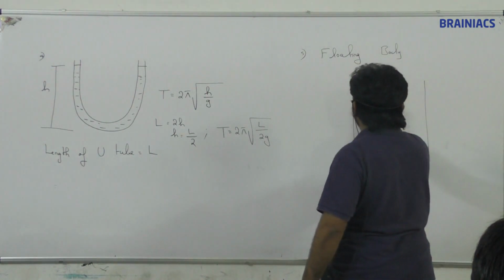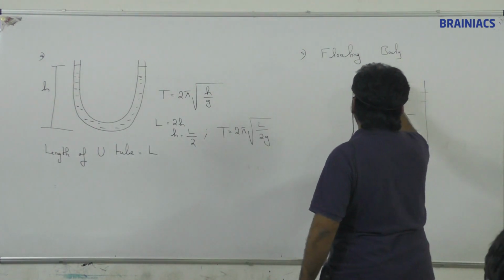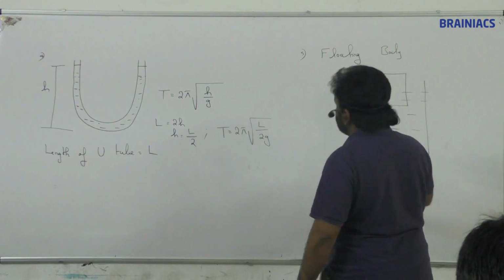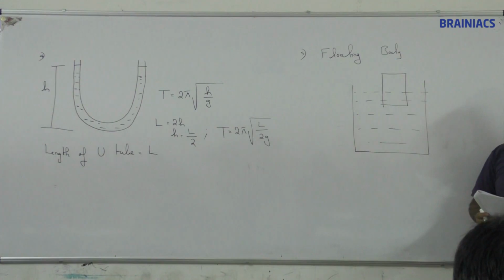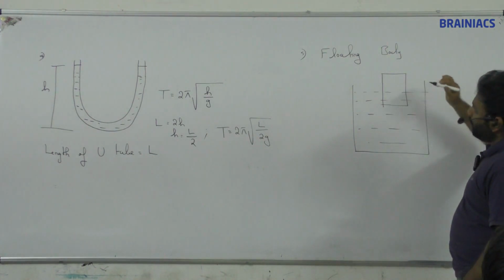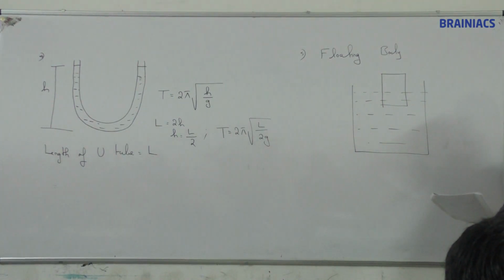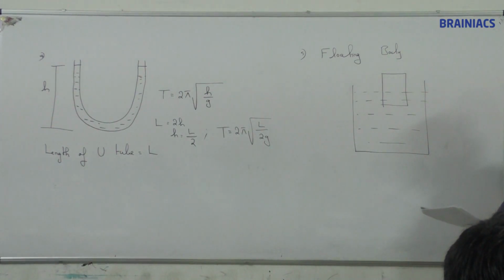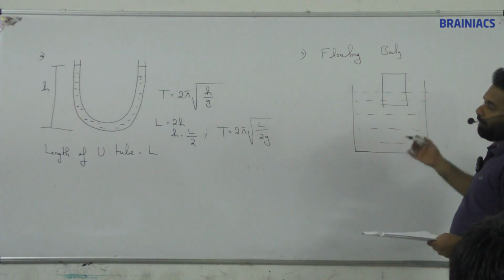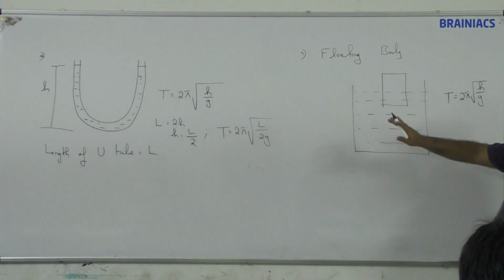Floating body. If a body is floating, and if the height of the body is h, here again 2 pi into root of h by g, same formula.